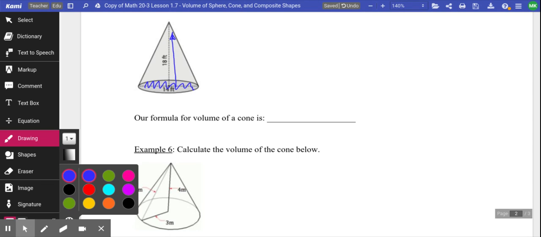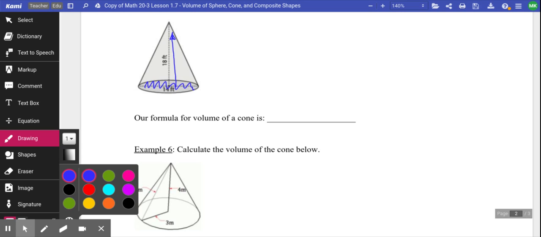A cylinder would be just circle times height. This is a cone, so we do a circle on the bottom times the height of the cone. But then we have to divide by 3 because a cone fills up a third of what a cylinder would be. Kind of like what happened with the pyramid problem. The pyramids were a third of a prism. Cones are a third of a cylinder. So we're doing the exact same situation.